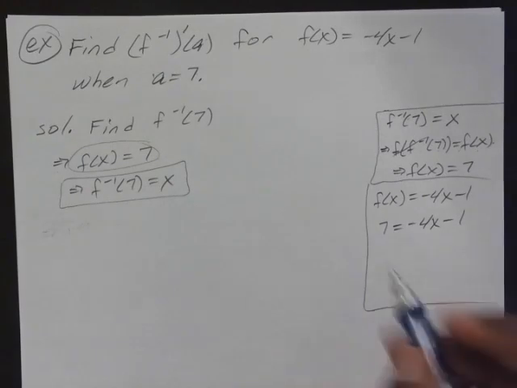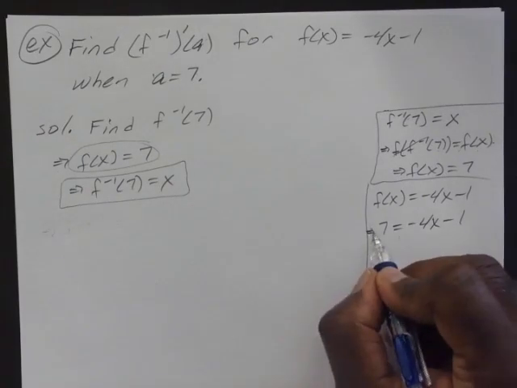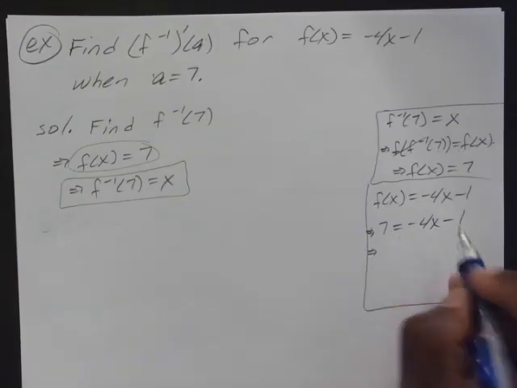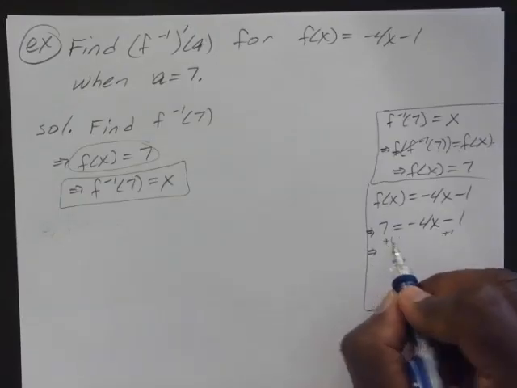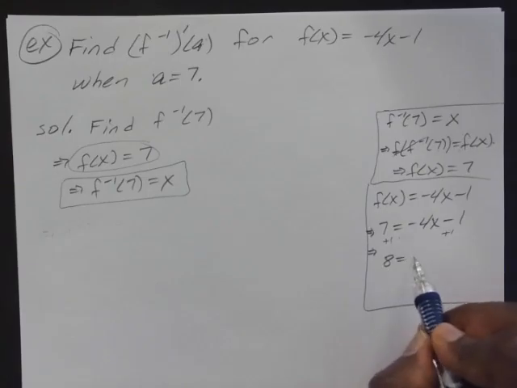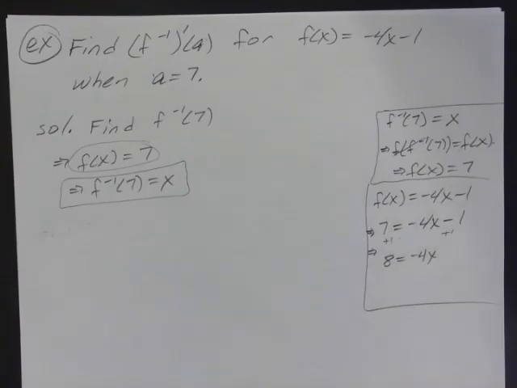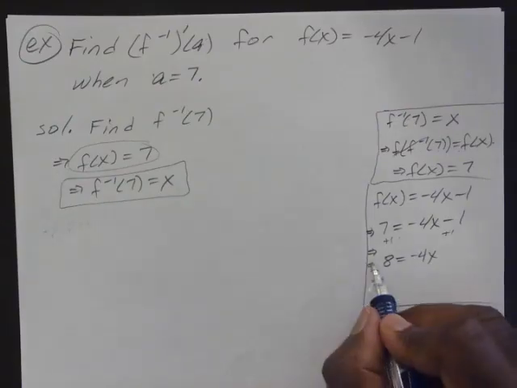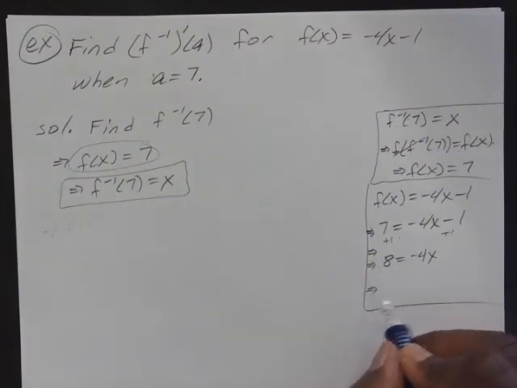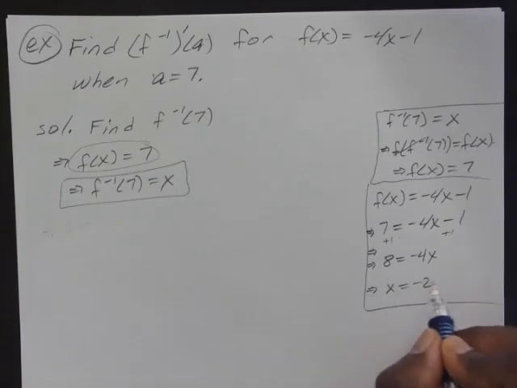So if we add 1 to both sides, negative 8 is equal to negative 4x. So if we divide both sides by negative 4, we know that x is equal to negative 2.